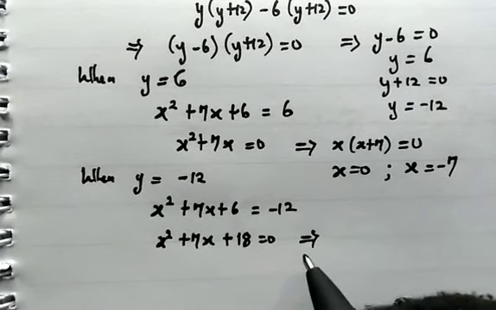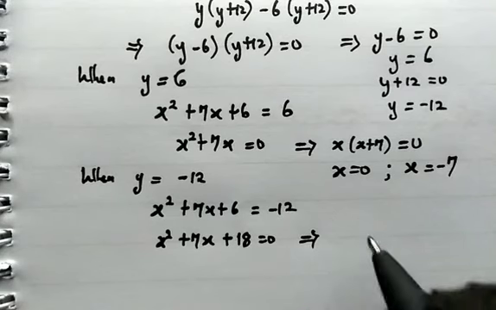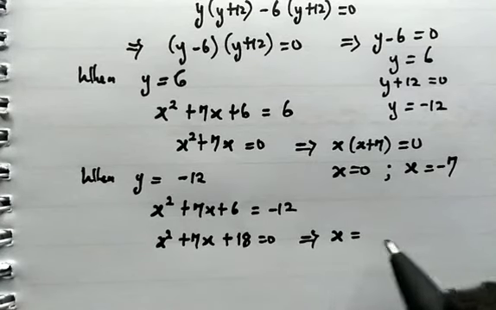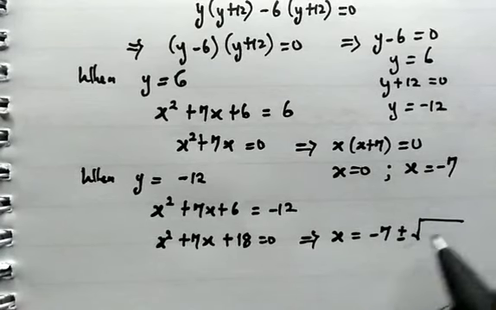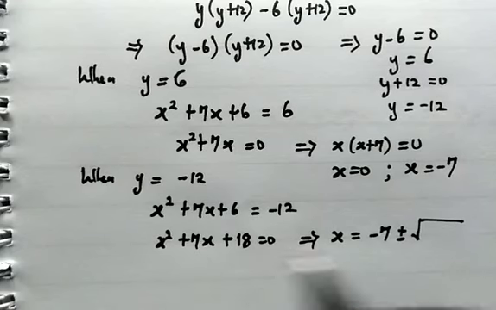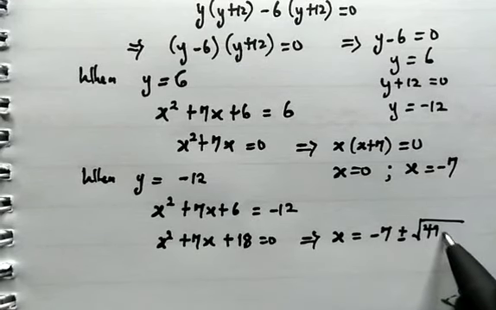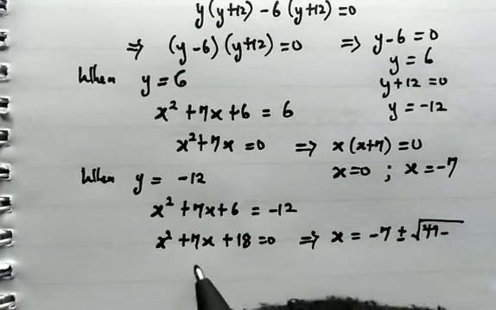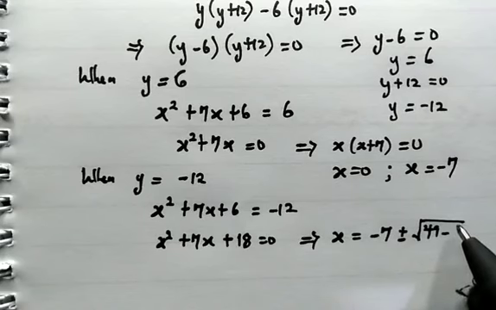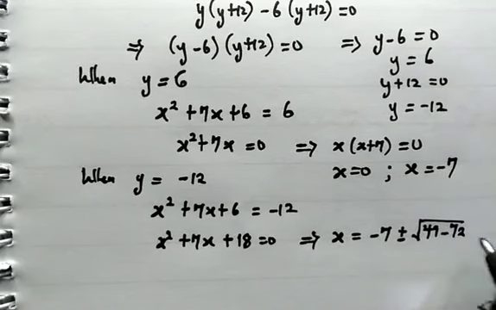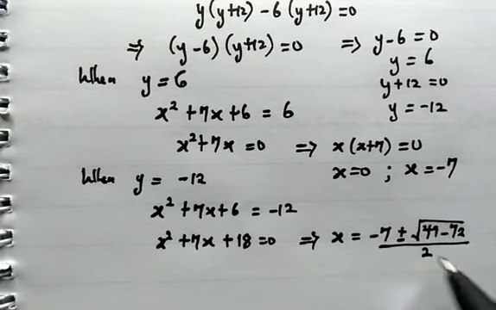So from here, I will use the general quadratic formula. We get x equals negative b, which is negative 7, plus or minus the square root of b squared, here b squared is 49, minus 4ac, 4 times 1 times 18, that will give us 72, then over 2a, which is 2 times 1.